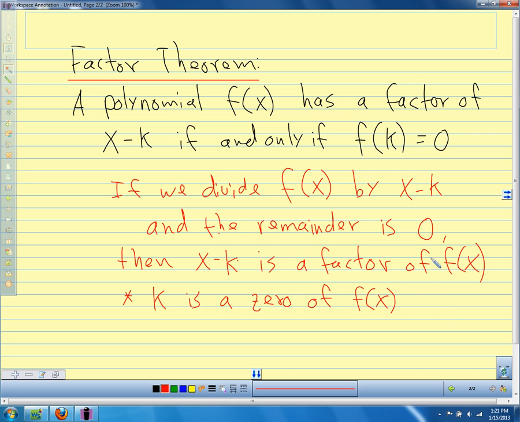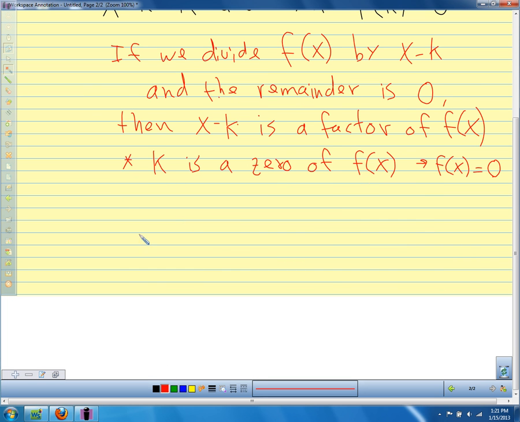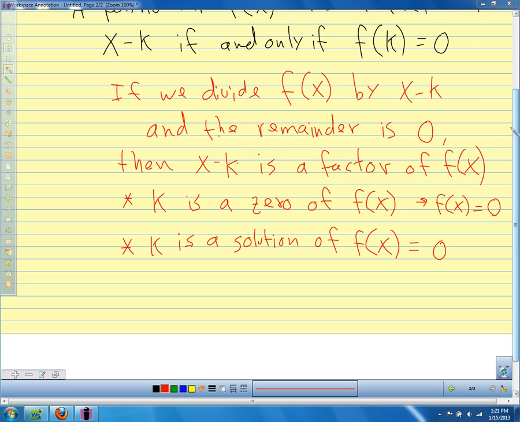That means that f of k equals 0. Another equivalent way that we can say this is that k is a solution of f of x equals 0. That's an equivalent way of saying this.